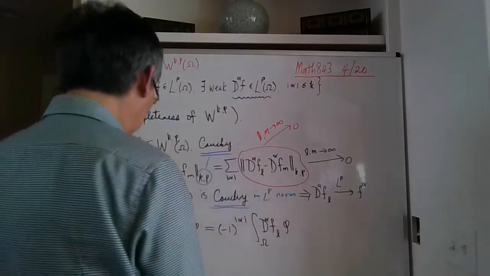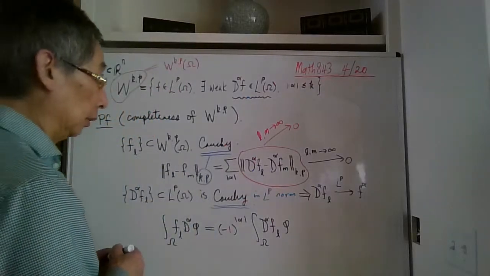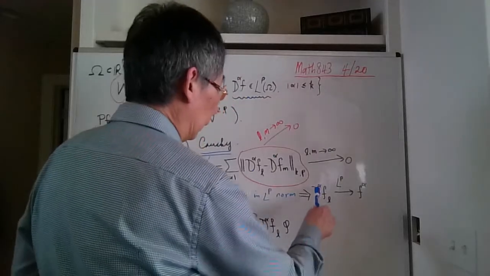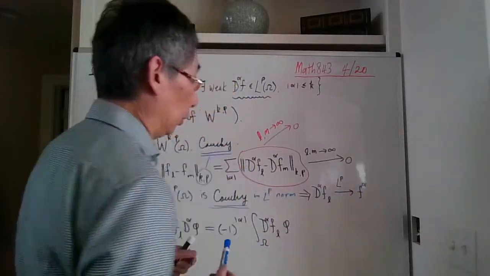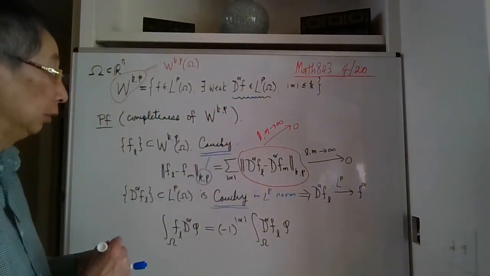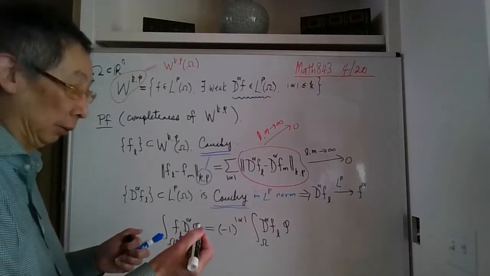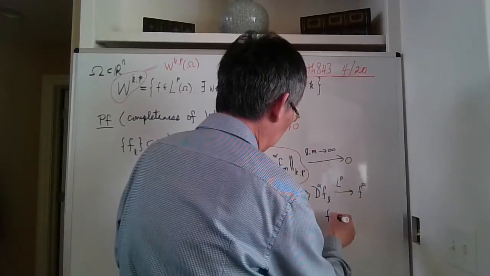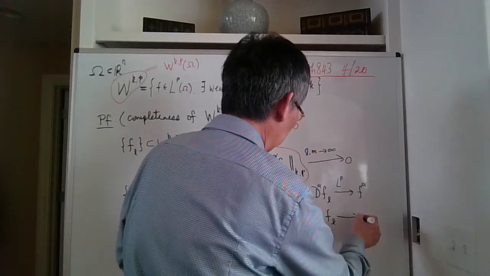Now you can see that D alpha F_l goes to that, including alpha equals 0. So this means that F_l will also converge to something, right?